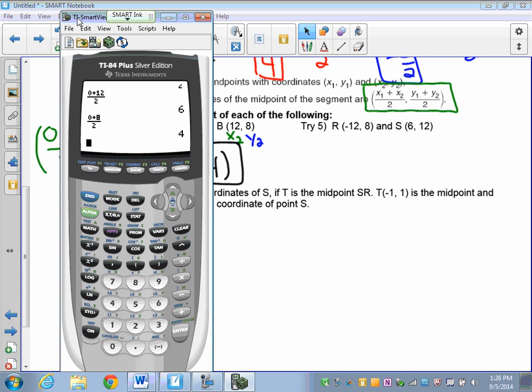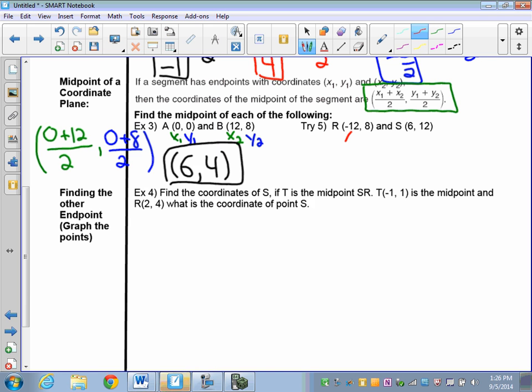Let's do the other one together also. So we have x1 and x2 there. So it's going to be negative 12 plus 6 over 2. And there's also y1 and y2. So it's 8 plus 12 over 2.